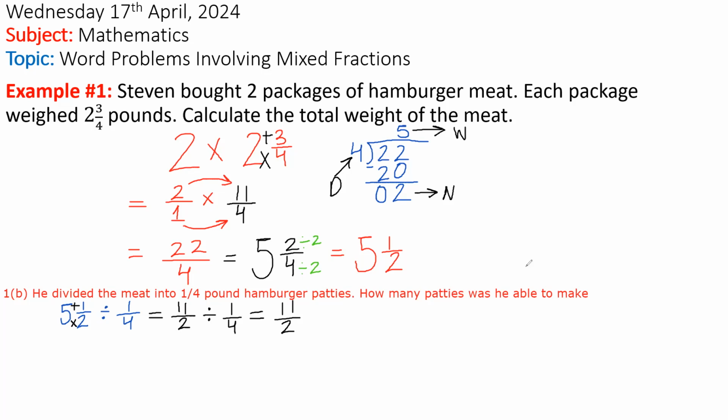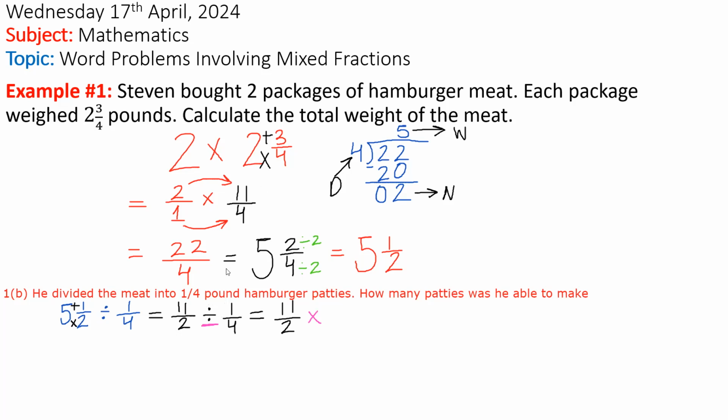Not a plus sign. No. Multiplication. So we're gonna take the division sign and we're gonna convert it into a multiplication sign.